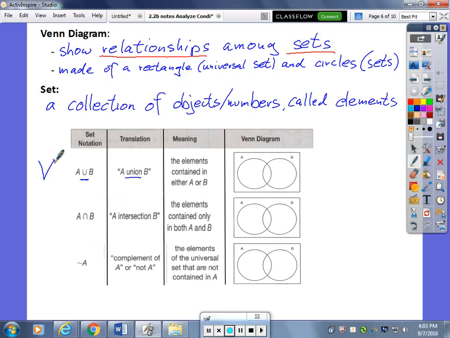What it means is these are the elements that are contained in either the set A or the set B. In other words, they are all the elements that are in the circle for A and in the circle for B. They could be in either one of them, and they can also be in the overlapping part.